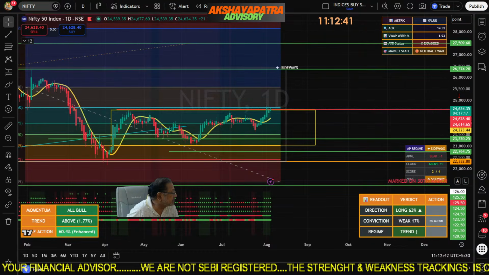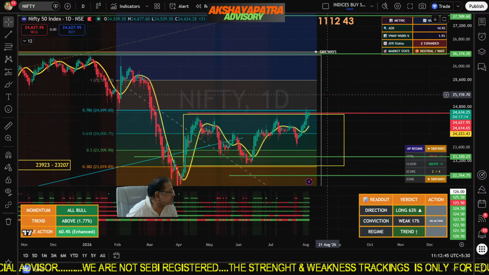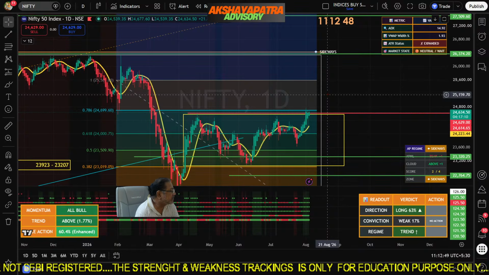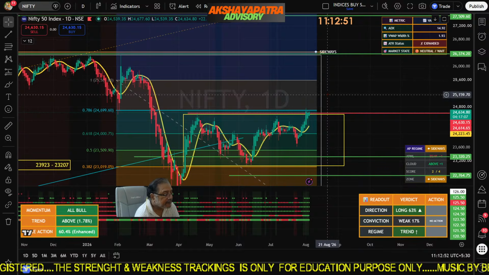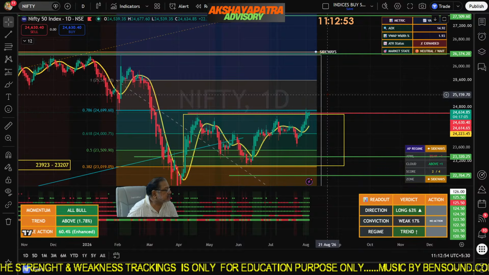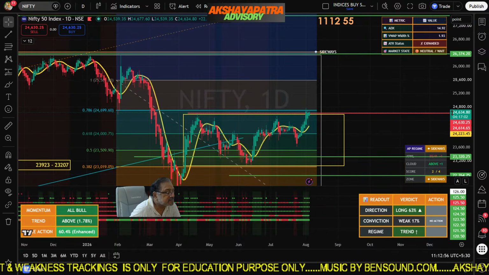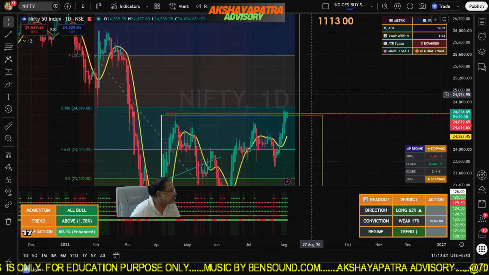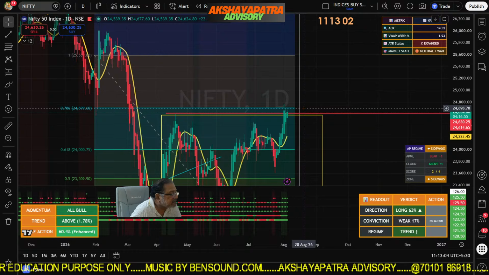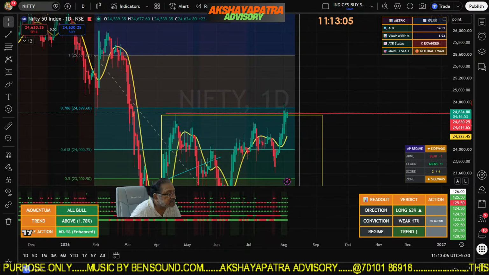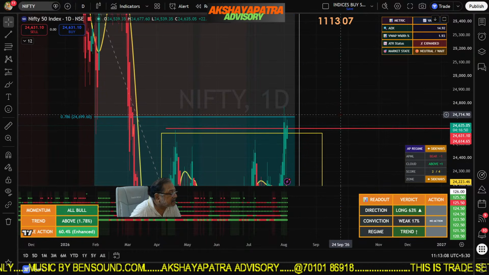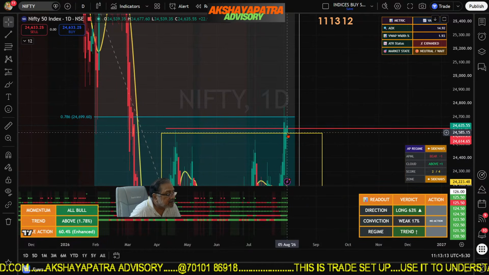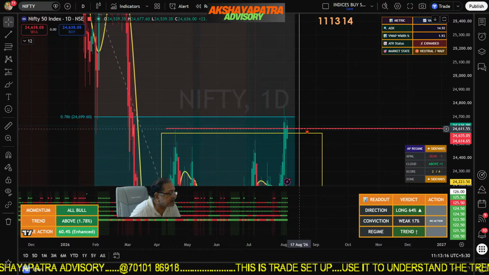So this is becoming a good resistance. The 0.786 Fibonacci has become a very, very strong resistance point as of now, even though so far twice it has gone up. One, two, three. Today, I think it may not even go near that 699, 700 as of now.